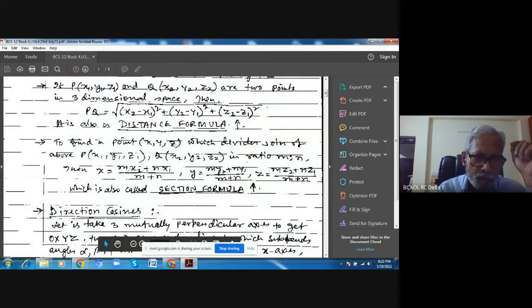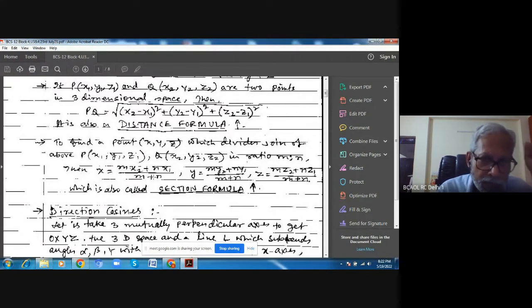x is equal to, if you have to divide and find the ratio, then you have to utilize this formula for x, y and z. What are the changes in this case? Just see the formula. In the case of x, x2 and x1 are there.